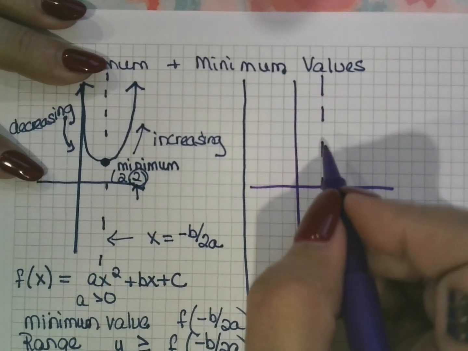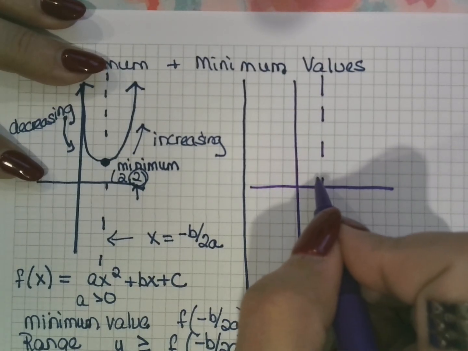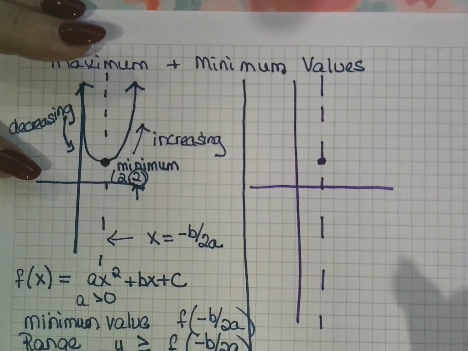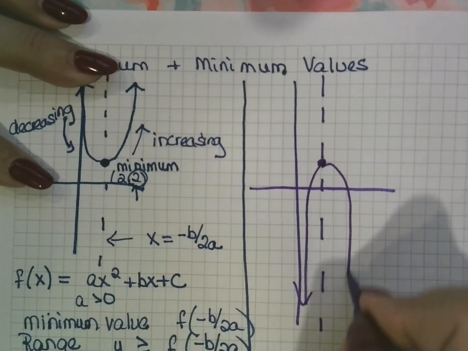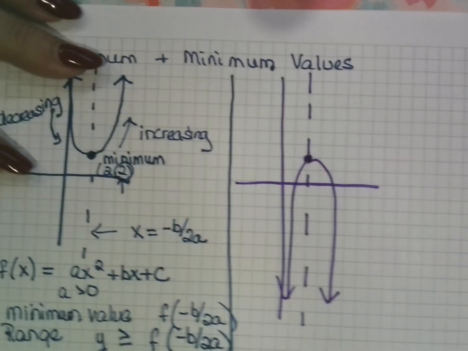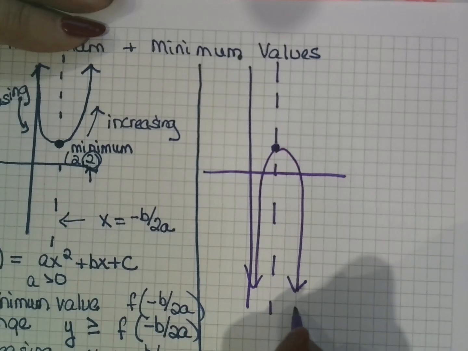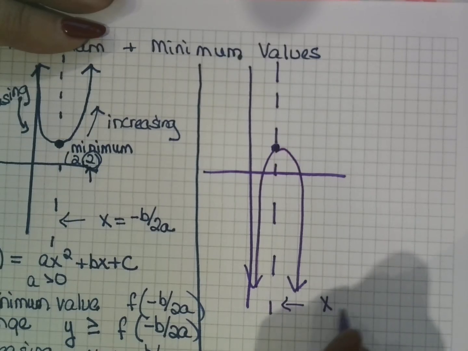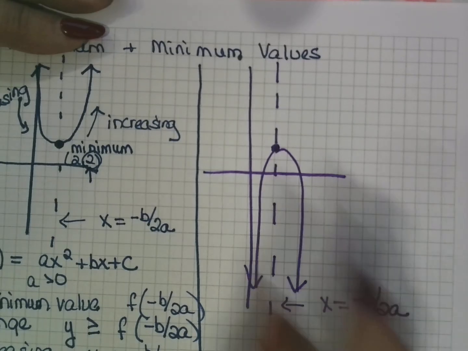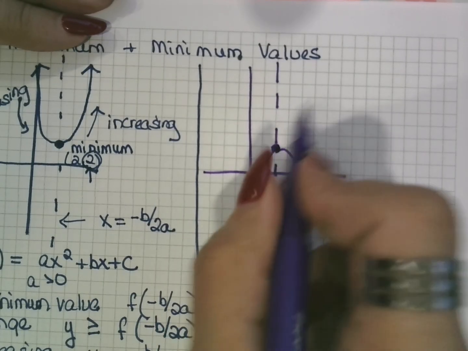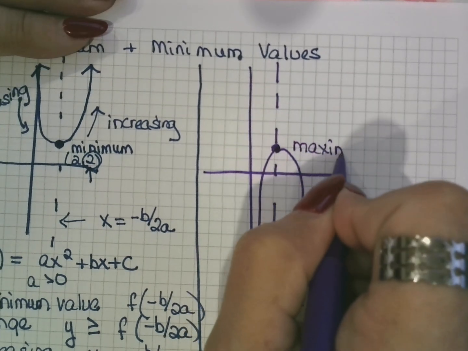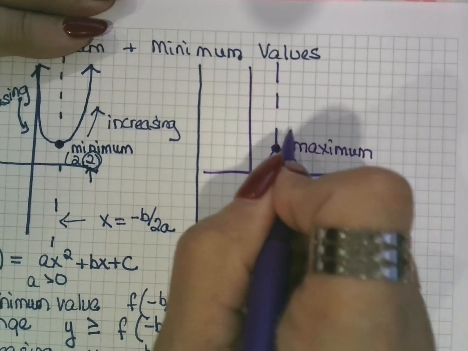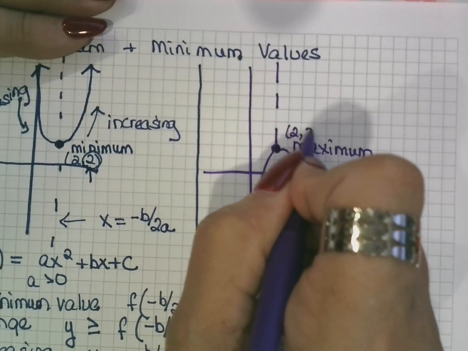But in this case, at 2, 2, we'll have the same vertex, but it'll be opening down. Okay? So here the axis of symmetry is the same thing, negative b over 2a. And this point, which is the vertex, instead of being a minimum, will be a maximum. And this just happens to be the same point, 2, 2.